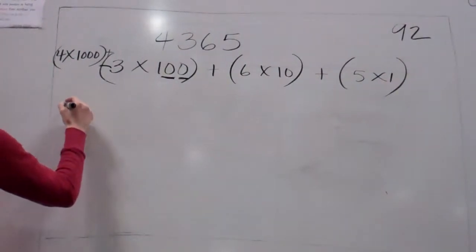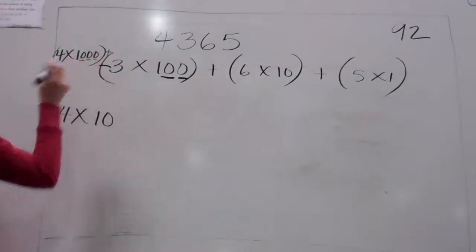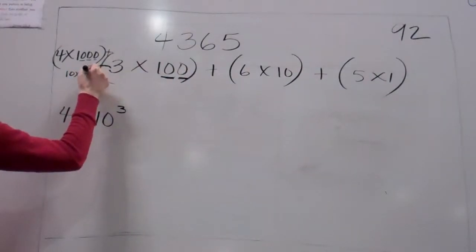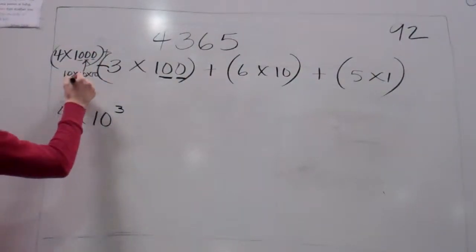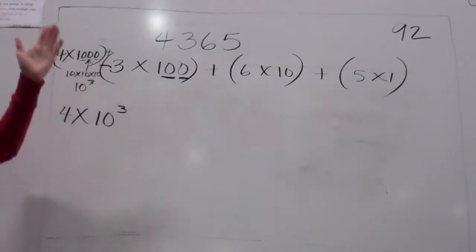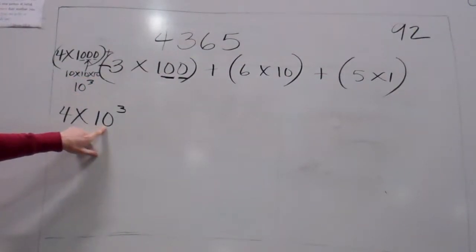Which would really be 4 times 10, and how many zeros do we have? 3, which really means 10 times 10 times 10 equals 1,000, which is 10 to the third. So there's a shortcut you can take and just count your zeros to get the answer. But the explanation way is that 1,000 is 10 times 10 times 10, which is 10 to the third, which is why I put that there.